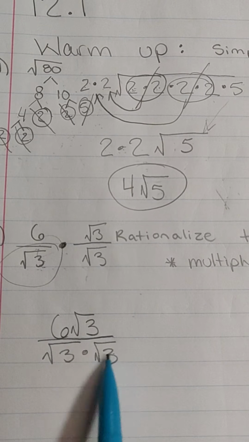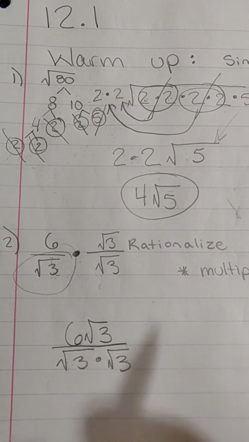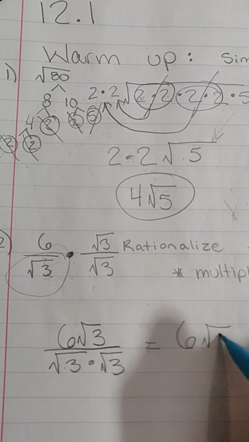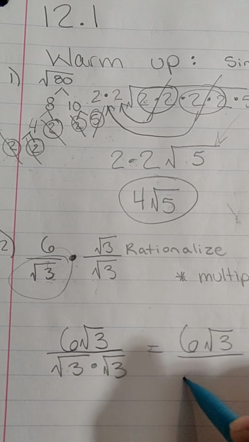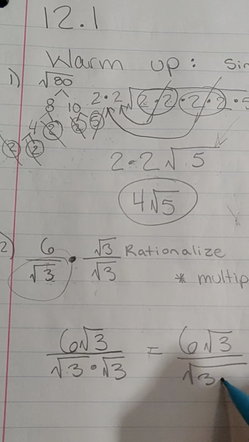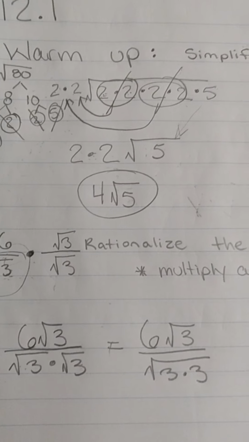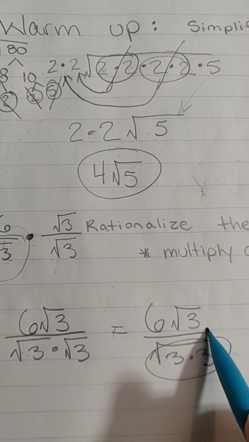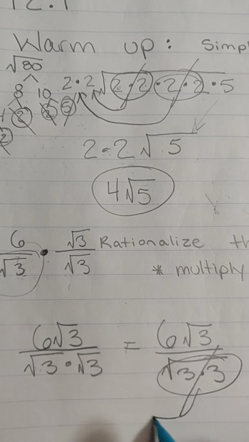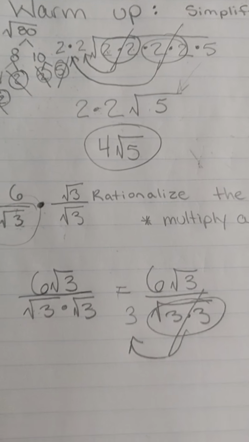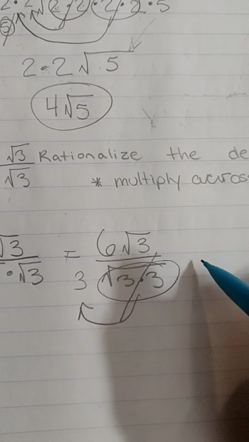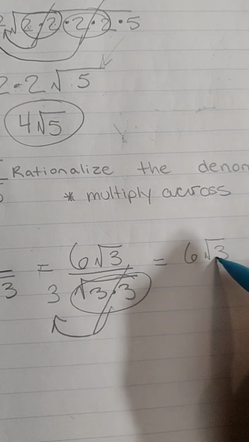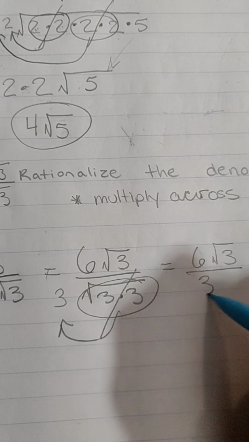Now these two bottom numbers, those are the same thing under the square root. So that's just like saying 6 root 3 divided by the square root of 3 times 3. Since those two 3's are the same underneath the square root here, they're going to cancel out, and that 3 is going to move outside of the square root. So now I have 6 root 3 divided by 3.